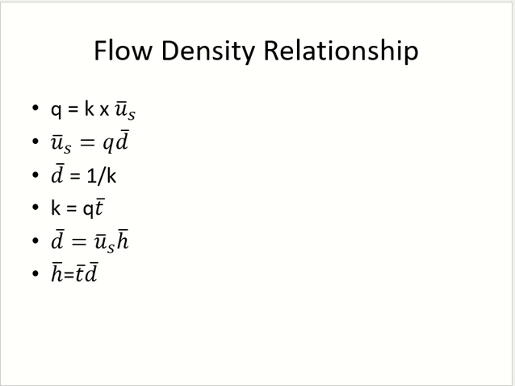All these three things have an inverse. Inverse of flow is headway. Inverse of density is spacing. Inverse of speed is travel time. Make sense, right? But these are average values. You cannot replace them with single values.